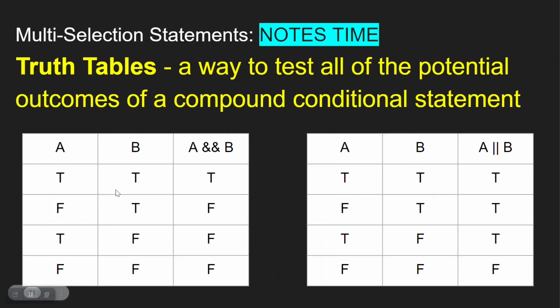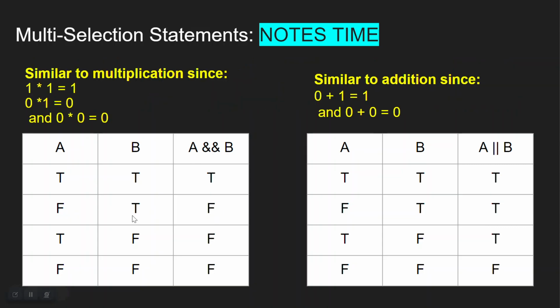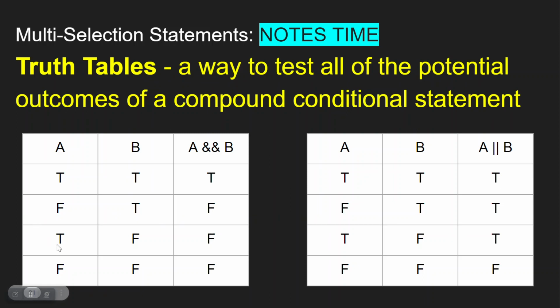So A and B can both be true, which means A and B would be true. A could be false, but B could be true, which means A and B would be false. A could be true and B could be false, which means A and B is going to be false. And of course, if A is false and B is false, then they're both false.